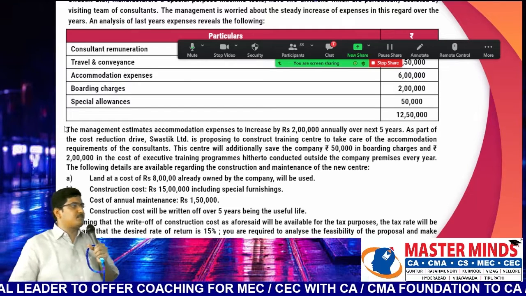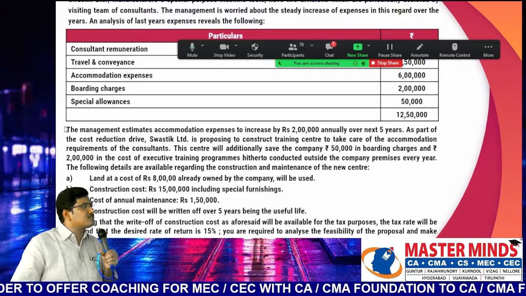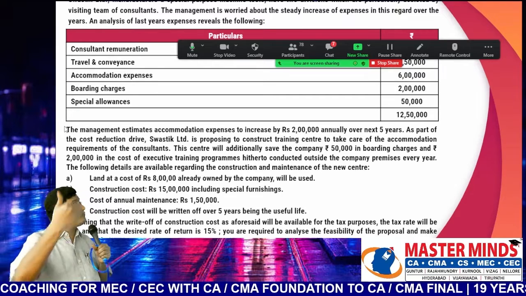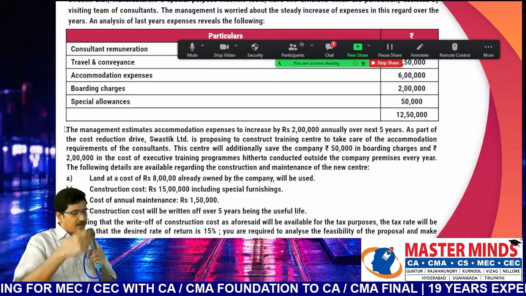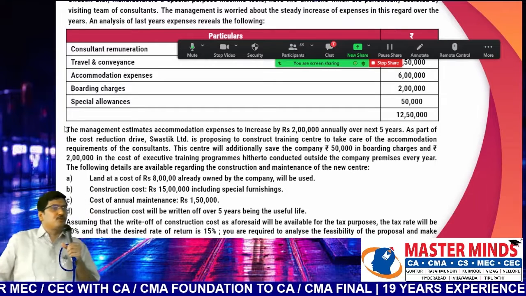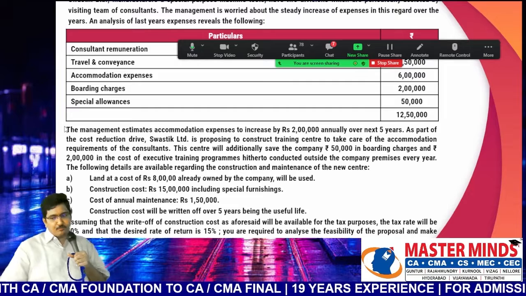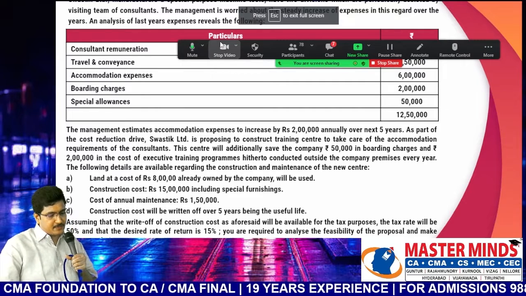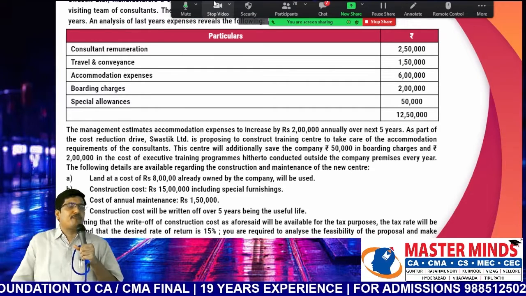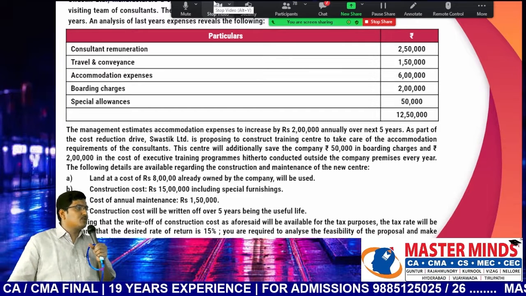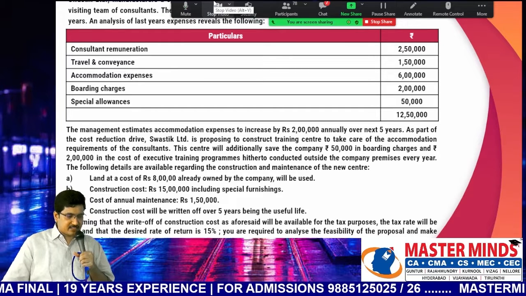Less some expenses. Which kind of expenses are generally deducted at this stage? Fixed cost. You can see some fixed costs in the problem. Write it down. Consultant remuneration for the first year: 2,50,000, that is 2.5 lakhs.